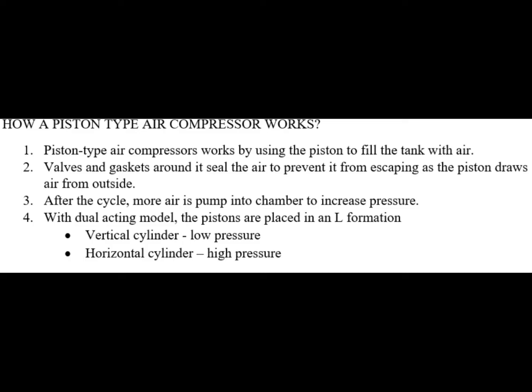Second, the valve and gasket around it seal the air to prevent it from escaping as the piston draws air from outside. Third, after the cycle, more air is pumped into the chamber to increase pressure. Fourth, with the dual acting model, the pistons are placed in an L formation. In the L formation, the vertical cylinder is low pressure and the horizontal cylinder is high pressure.